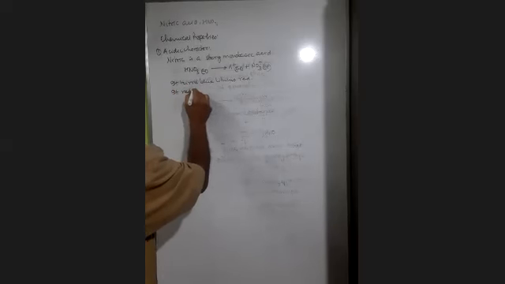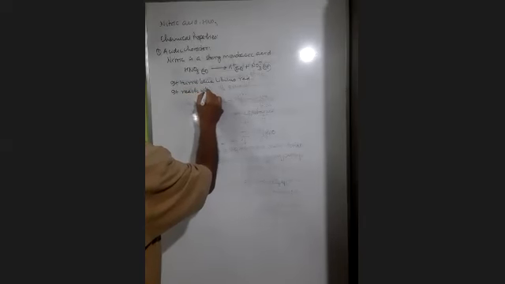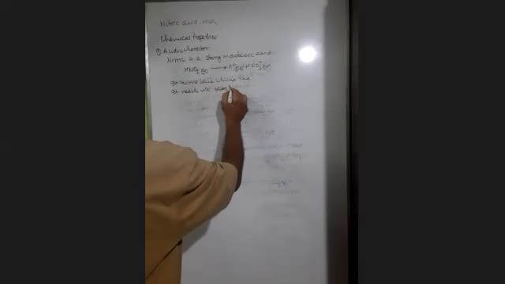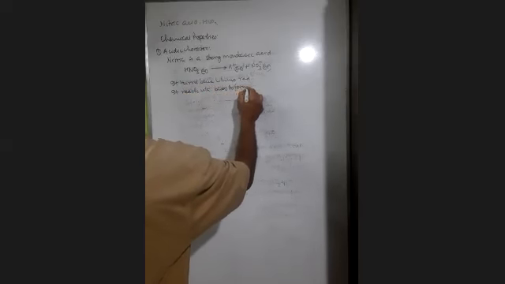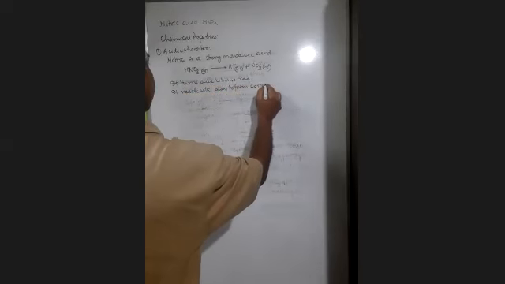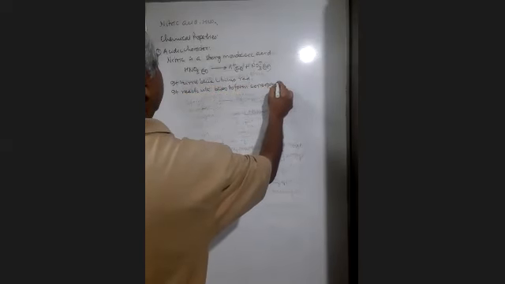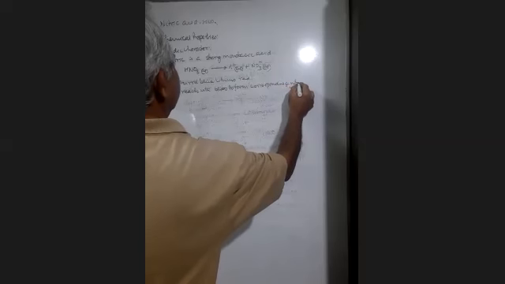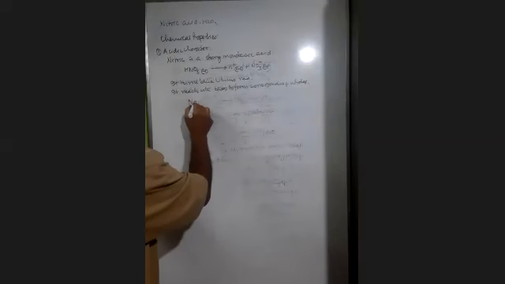It reacts with bases to form corresponding nitrates. What are the bases? This equation, why should I write?